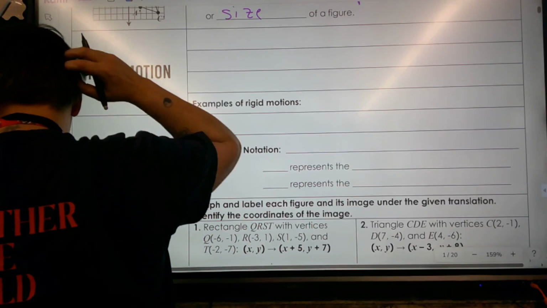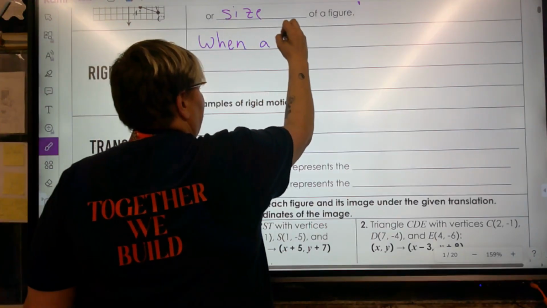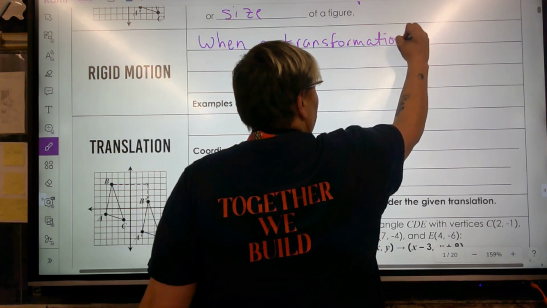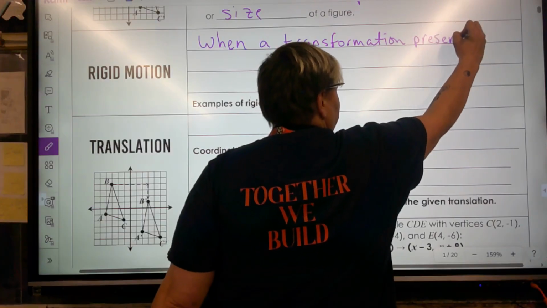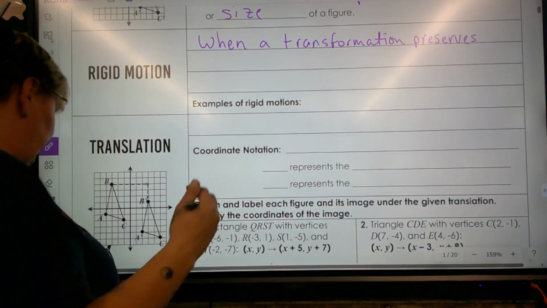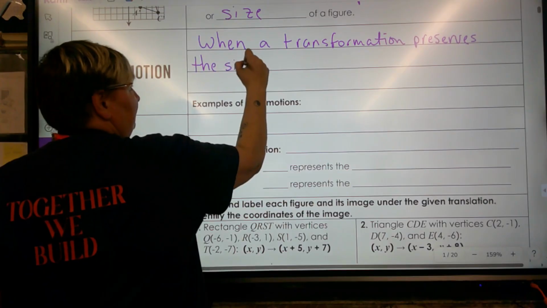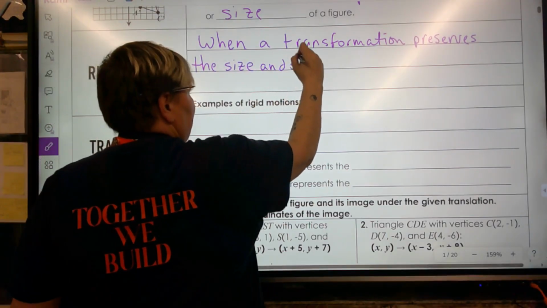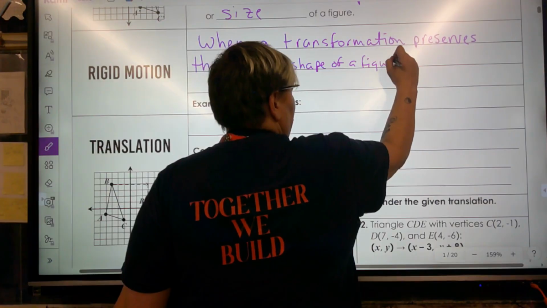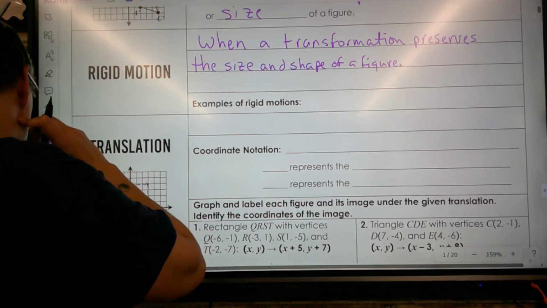So, rigid motion is defined as when a transformation preserves, protects, right? Preservatives in your food protects your food from going bad, preserves the size and shape of a figure. Right? It preserves the size and shape of a figure.